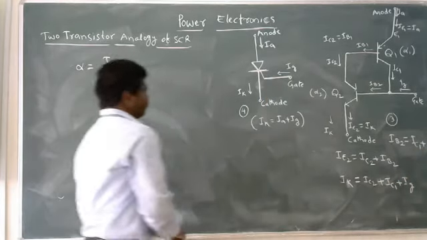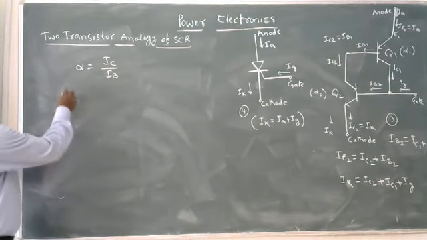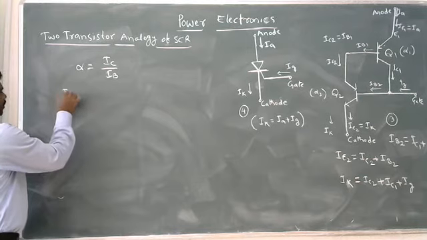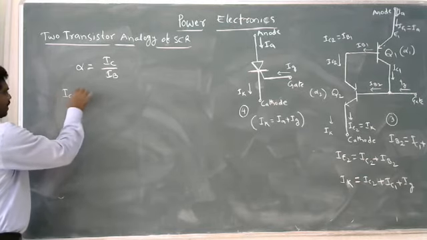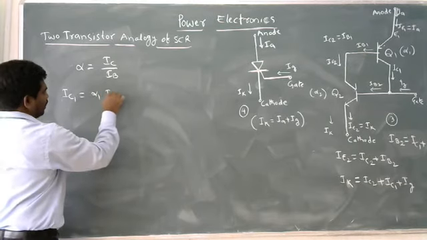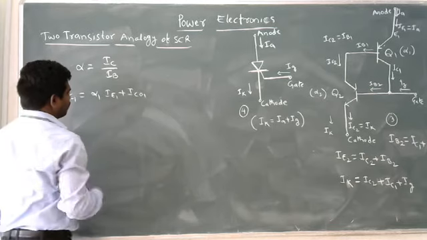From this, we have one more equation in terms of collector currents. For Q1, IC1 is equal to alpha 1 IE1 plus ICO1.